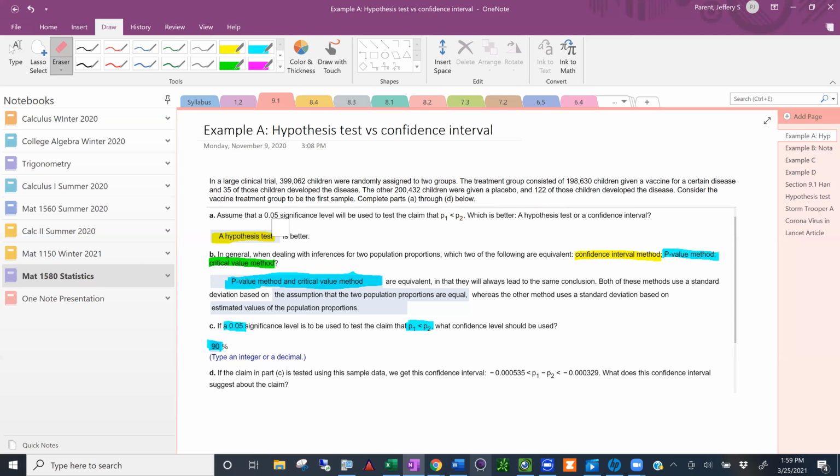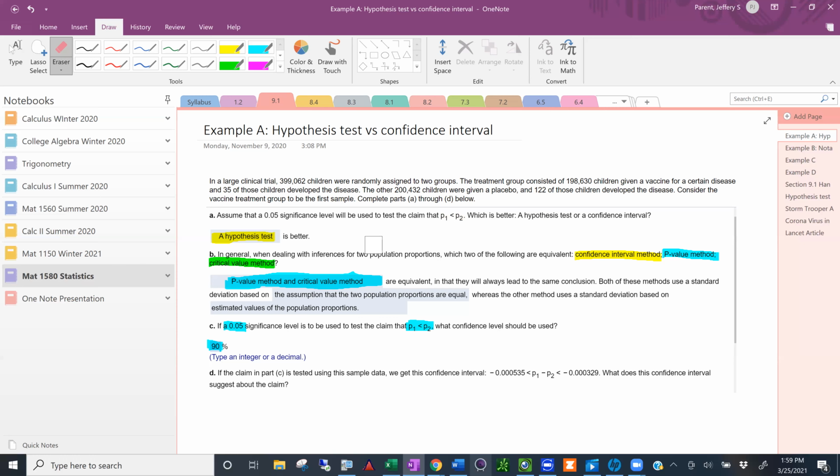So it says, assume that a 5% significance level would use to test a claim that P1 is less than P2. Which is better, a hypothesis test or a confidence interval? Now, this is just a heads up. Generally speaking, a hypothesis test is going to be better.